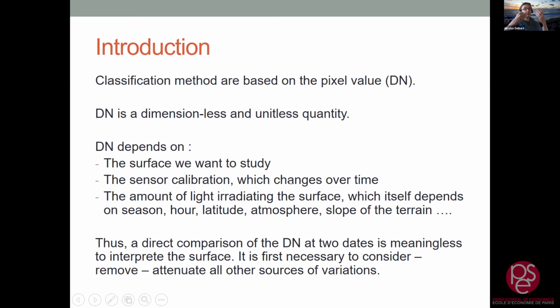So basically, it is not possible to interpret. There are many reasons why the digital number can change over time. So in order to do that, we need to consider, remove or attenuate all other sources of variation, which are the ones that I said.